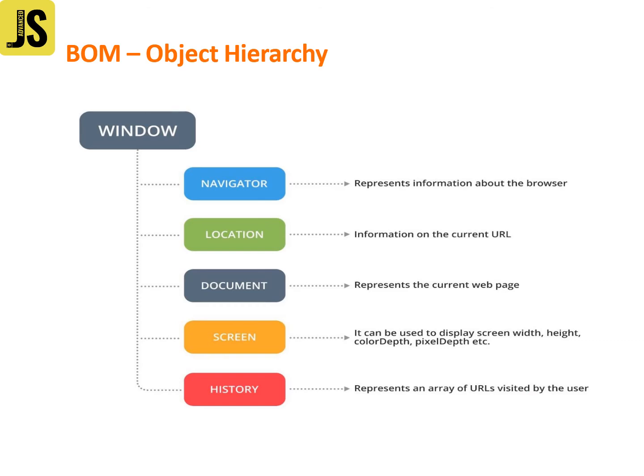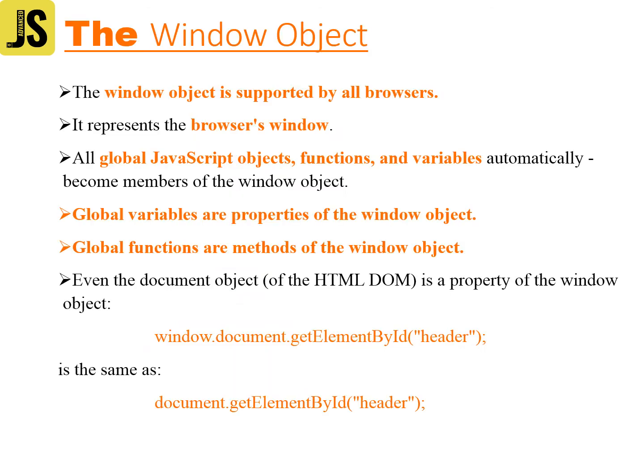In this session, we are going to discuss all the objects one by one, and we will explore what functionalities are available with each object separately. We can start with the window object. The first object, the window object, is the root object of the BOM.